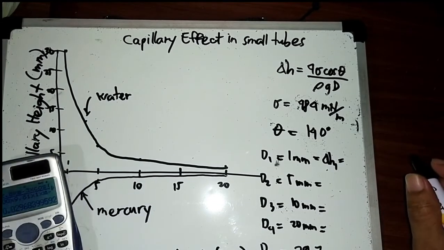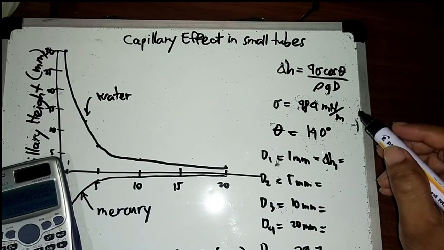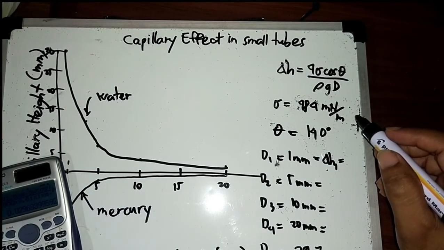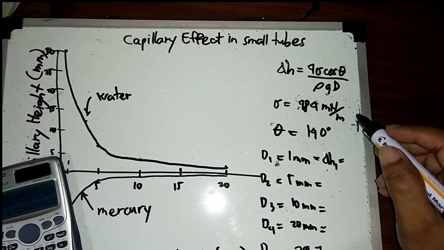So this is the diameter of the water for a height less than 1 mm.